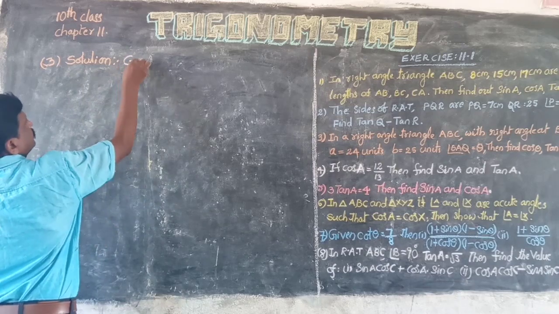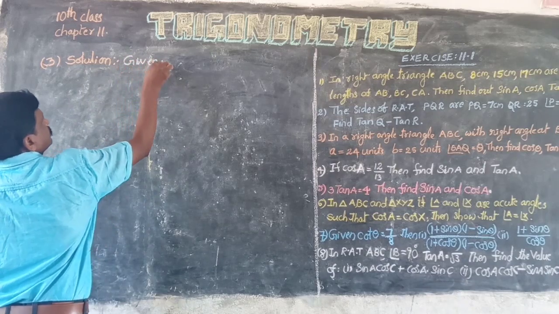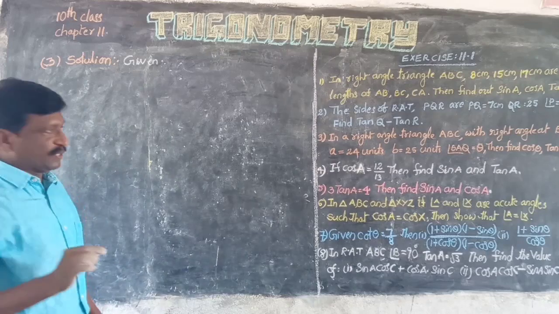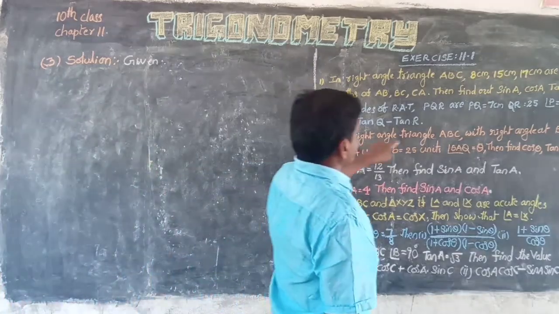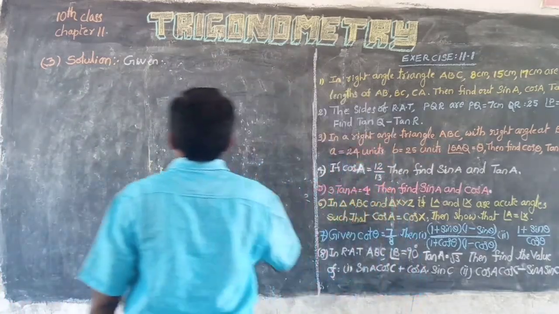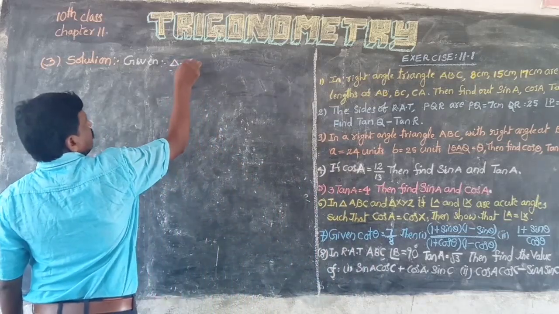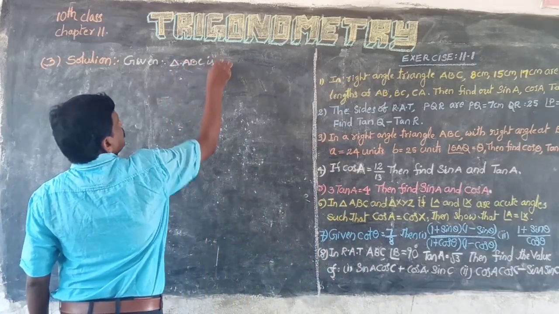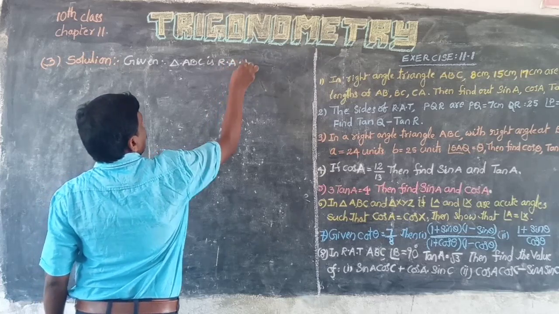Given: what is given first? ABC is a right angle triangle.